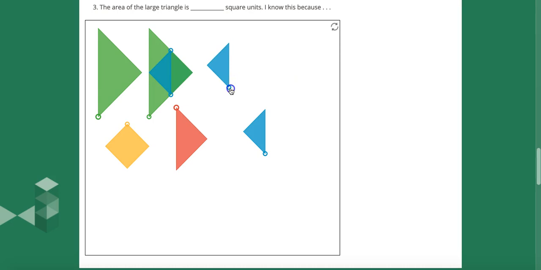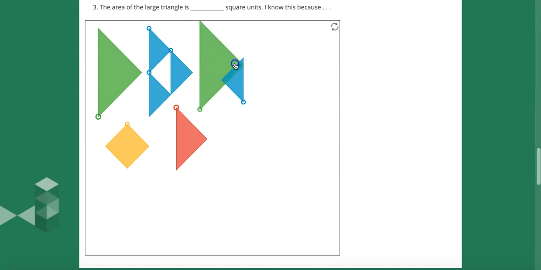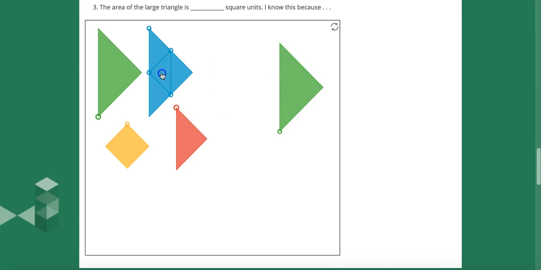So if we have 4 of the triangles, knowing what we know about the triangles, what is the area of one of the large triangles? Yeah, if you said that it is 2 square units, you're on the exact right track. And the reason we can make that true is because we know that each of those triangles makes up that same space, and that 2 of these together make 1 square unit.